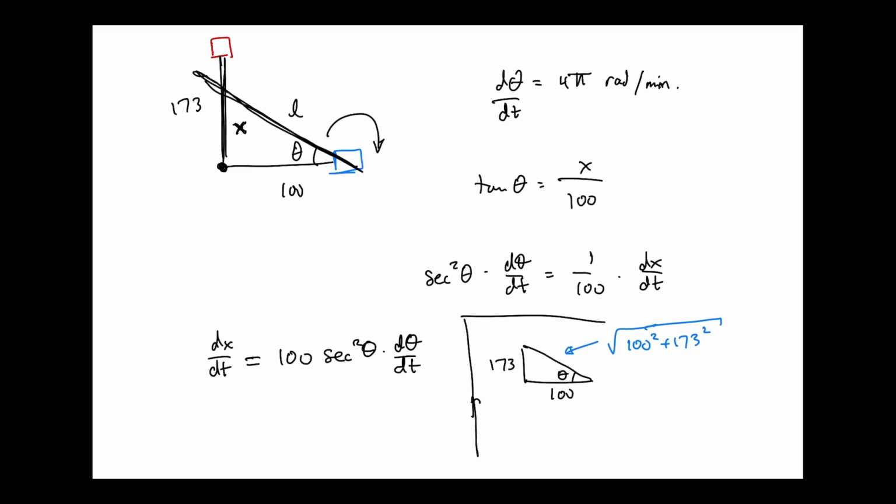So let's just do the square root of 100 squared plus 173 squared. And it's basically just shy of 200. We should have known that in advance because 173 is basically 100 times the square root of 3, just rounded a little bit. So it shouldn't be a shock that we got 200, because we basically have a 1, 2, square root of 3 right triangle.